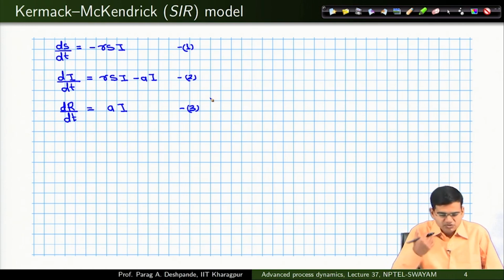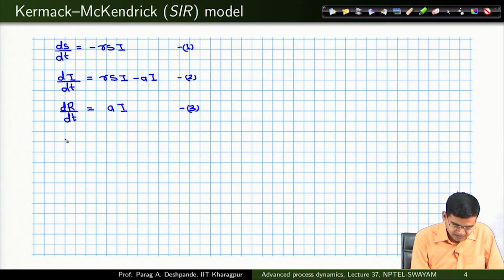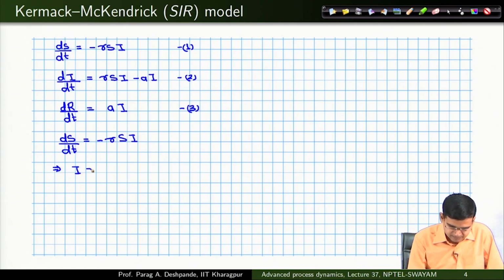So, let us try to get explicit expressions for S, I and R. So, from equation 1, since dS by dt is equal to minus r S I, I can write I is equal to 1 upon r minus 1 upon S dS by dt.